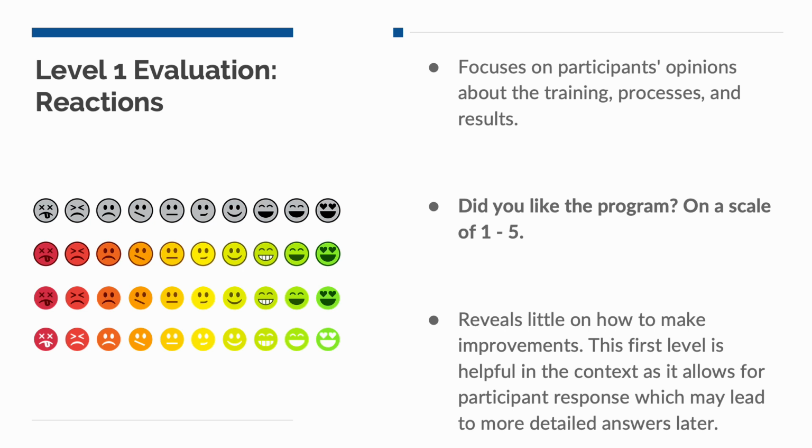Charts like this are not unfamiliar to us. So essentially what you're trying to evaluate from the users is their general reaction. How do they feel about the program that they were able to utilize? It's the first level, it's typically the easiest, and it allows for many participants to respond. It's not very detailed, but it increases the chances of gaining feedback.